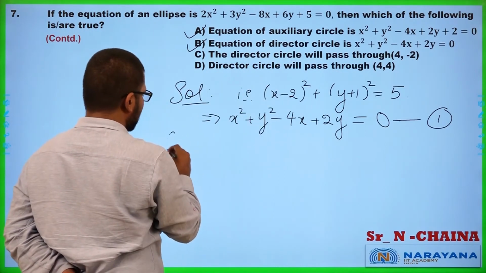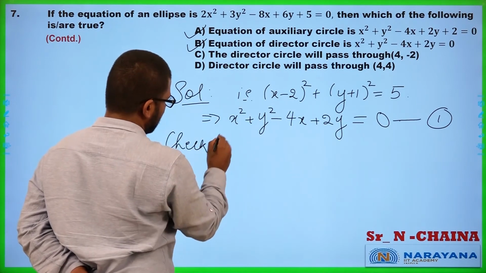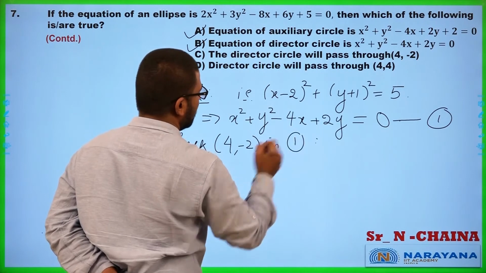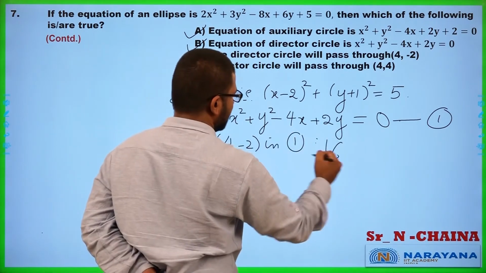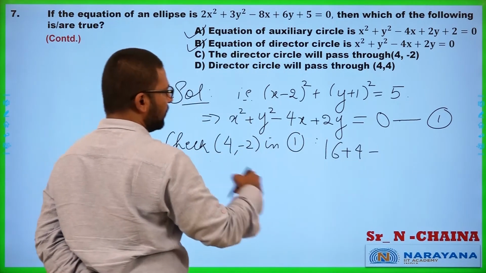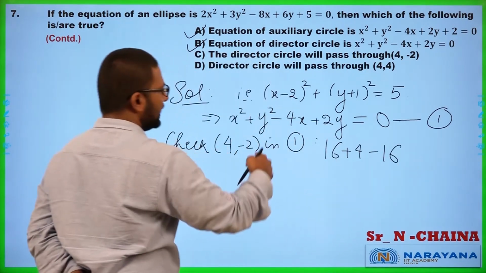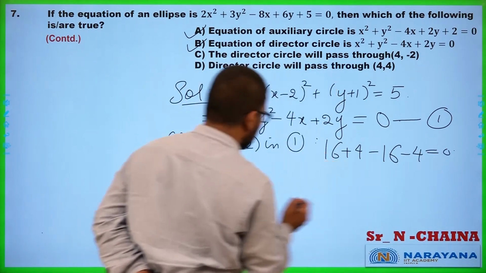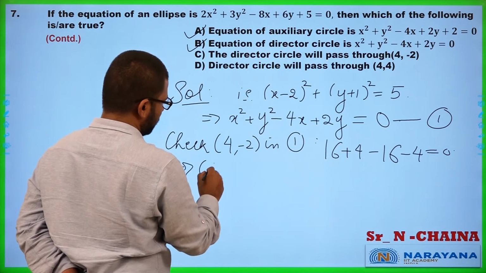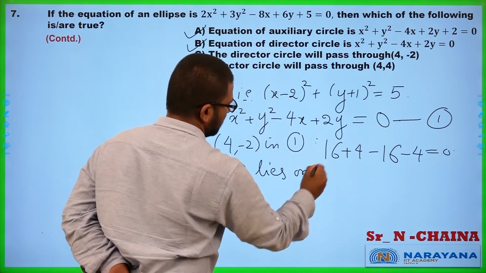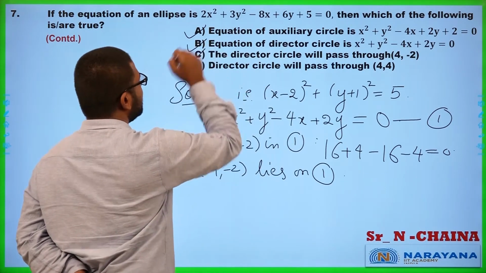So we will now check (4, -2) in 1. What do we get? 16 and then 4, minus 4 into 4, so minus 16, and then plus 2 into minus 2, so minus 4, equal to 0. Therefore (4, -2) lies on 1, correct, which means option C is also correct.